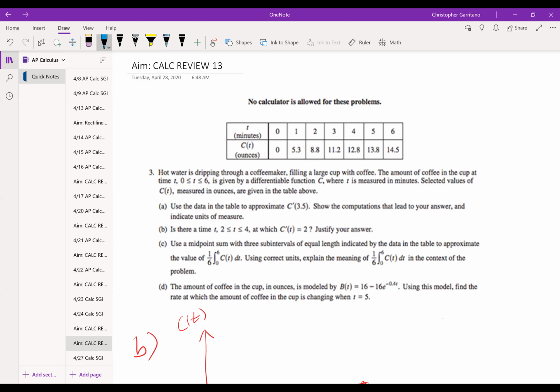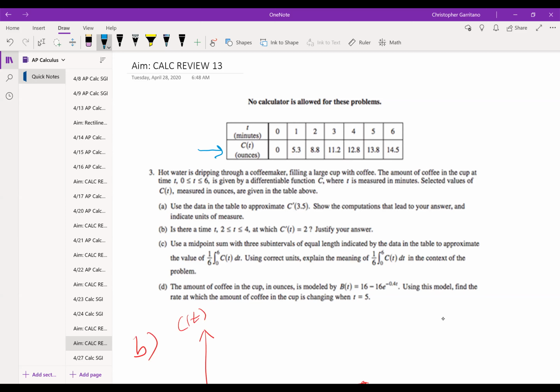So I'm just going to go over one part from the first problem and one part from the second problem. For problem number 3, again, we're given a table of values. In this case, though, we're given the function C, which represents the actual amount of coffee in the cup at any given time t.